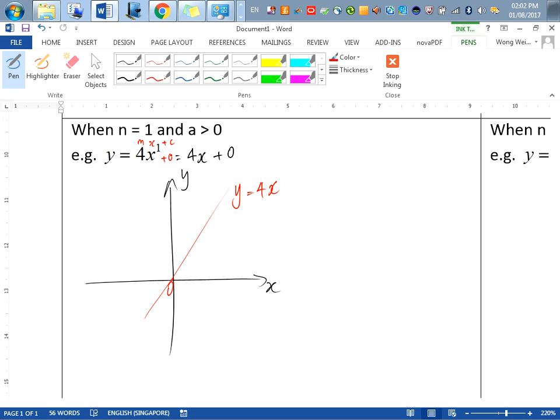And that is given by the sign of the gradient. In this case, the gradient is positive, so it slopes up. If the gradient is negative, which we will see later on, it will slope down. And then we also need to know where it passes through. Where is the y-intercept? In this case, the y-intercept is 0, so you'll cut the y-axis at 0. That's why I'll pass through this point.